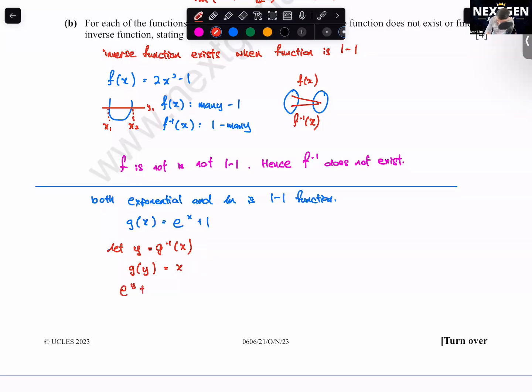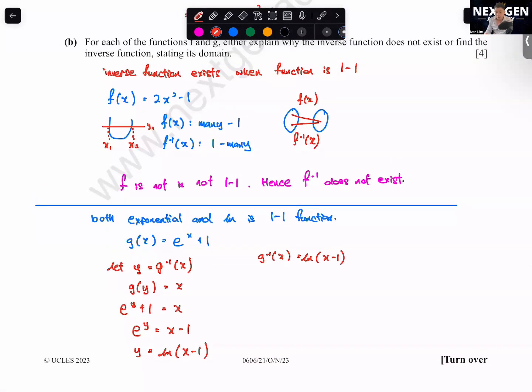So e to the power y plus 1 equals x, e to the power y equals x minus 1, y equals ln of x minus 1. So that means your inverse graph is ln of x minus 1. What is the condition for the domain of ln of x minus 1?